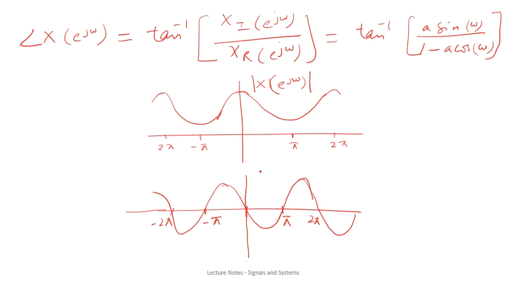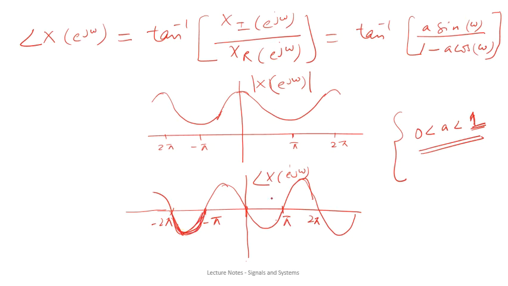So this will be the phase spectrum. Now both this magnitude and phase spectrum which are shown here are for values of a in between 0 and 1. Okay, so something like this waveform you will get. You can correct this a little bit, something like this it will be.